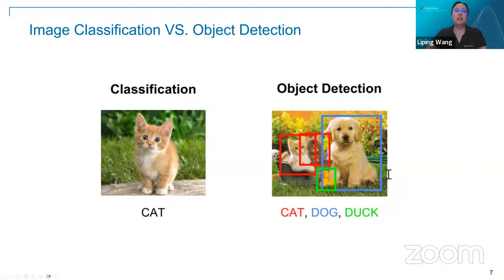In image classification, like this one, we only need to tell what is in the image, like there's a cat in the image. But in object detection, we not only need to tell what is in the image, like there are a cat, dog, and duck in the image, but we also need to tell where these objects are. Like we need to put bounding boxes around the objects.